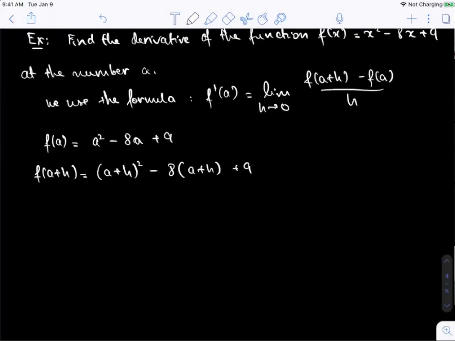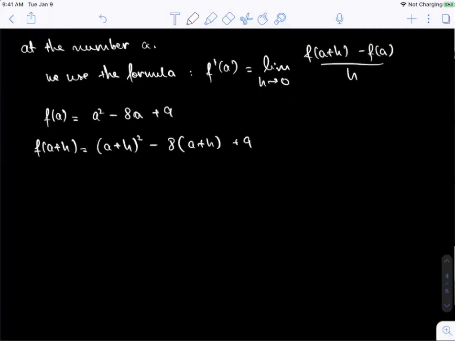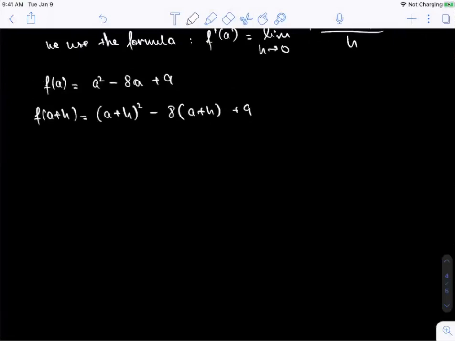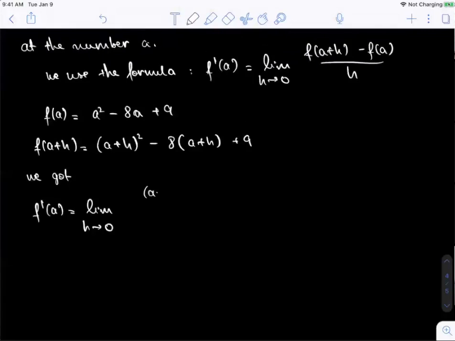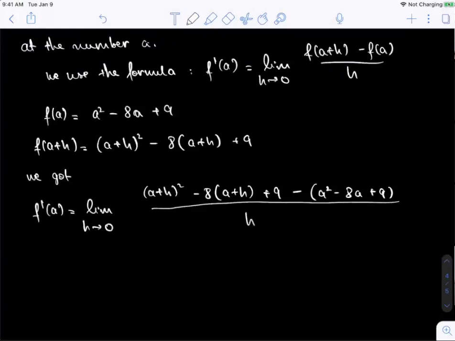Now let's substitute everything into the derivative formula. So we get f prime of a is equal to the limit as h approaches 0 of a plus h squared minus 8 times a plus h plus 9 minus a squared minus 8a plus 9, and everything all together divided by h.